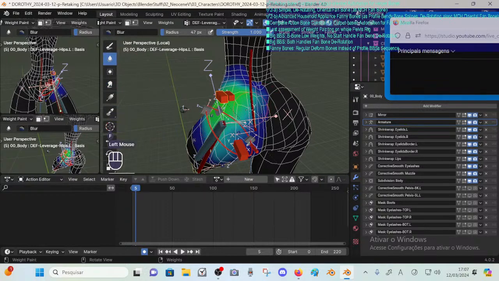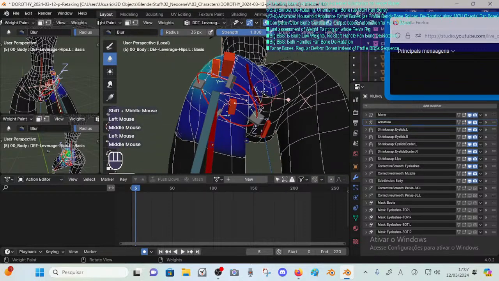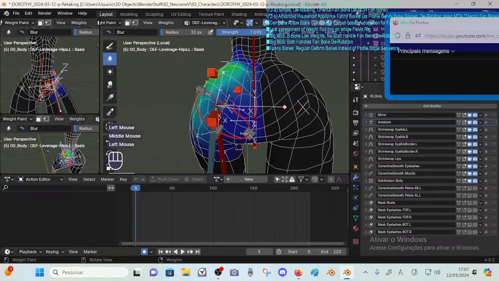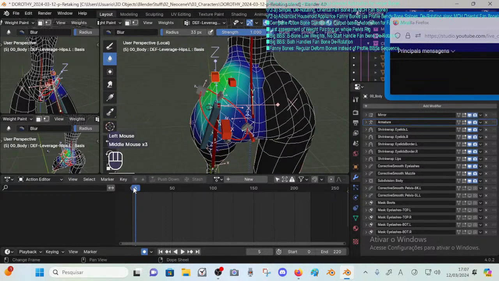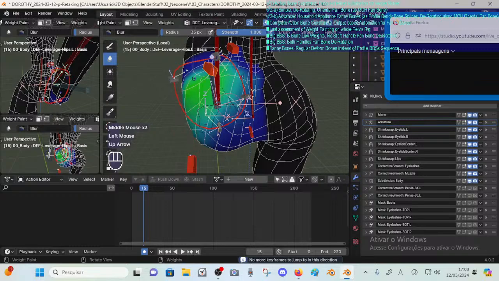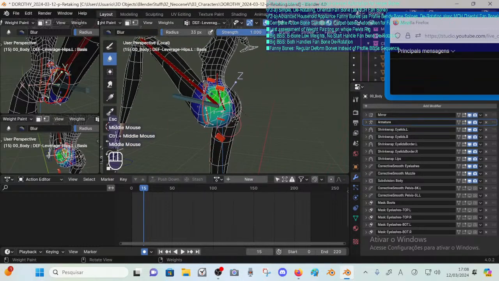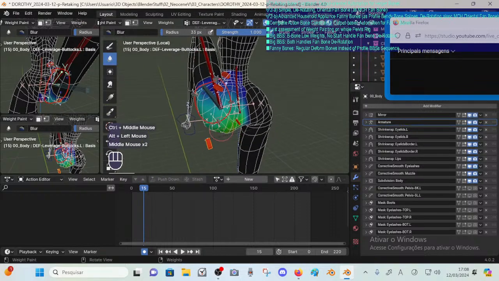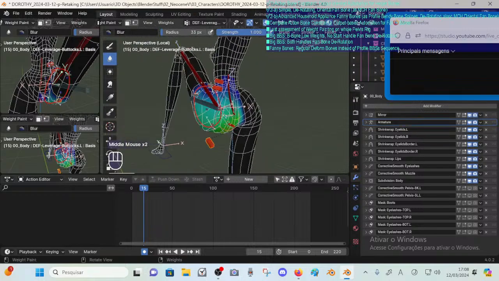But if it could influence the leverage of some mesh here, very slightly, then it could probably solve some of this. As this controls the lower, this is more likely the gluteus maximus, mostly.